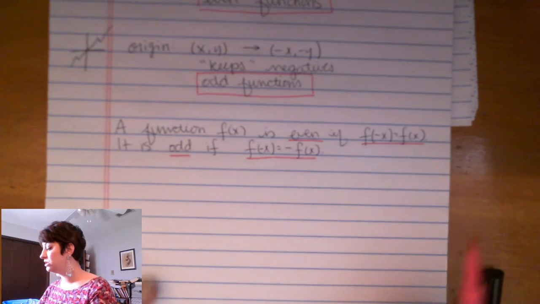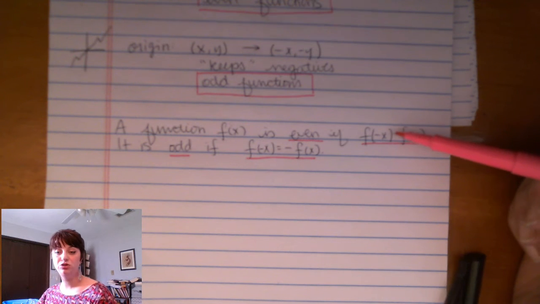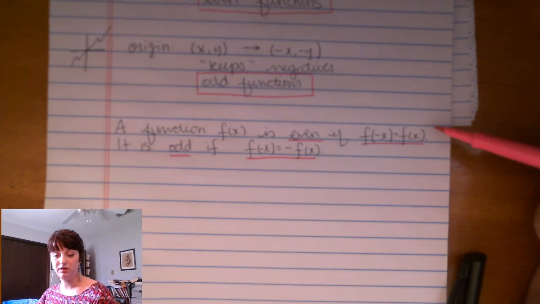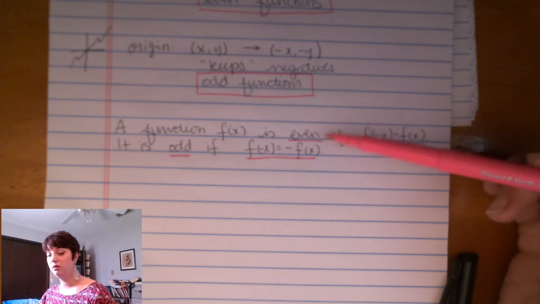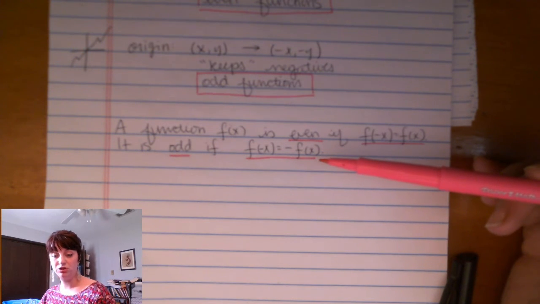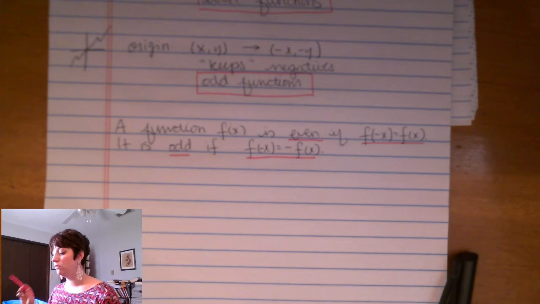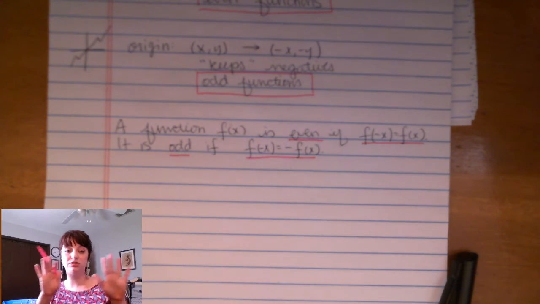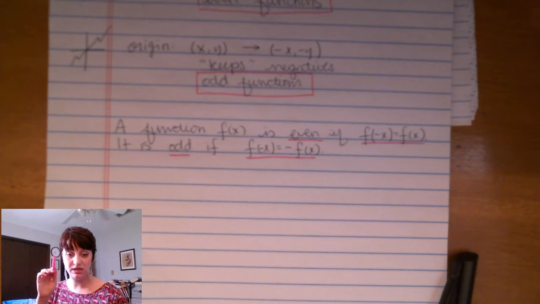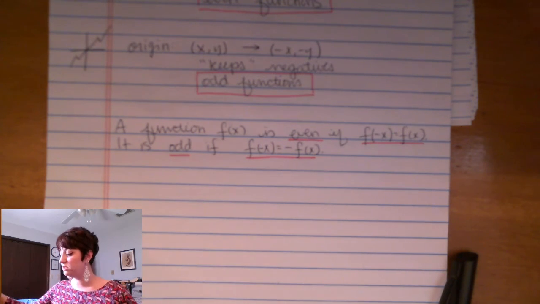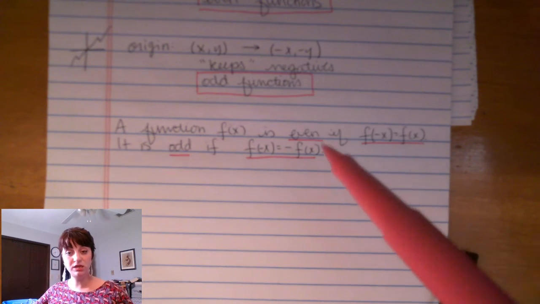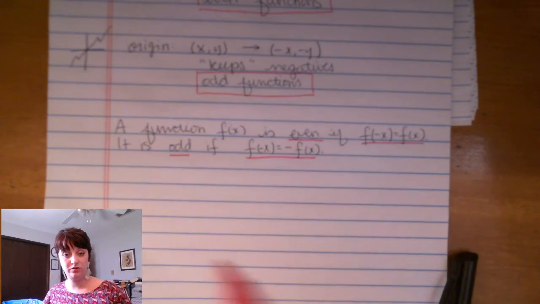All right, so if a negative inside of my function doesn't change anything, then it's even. If a negative in my function makes a negative overall function, then it's odd. All right, so the difference between the even odd versus the symmetry before is you had to do one test for each symmetry type. For this, there's one test. It's either even, odd, or neither.